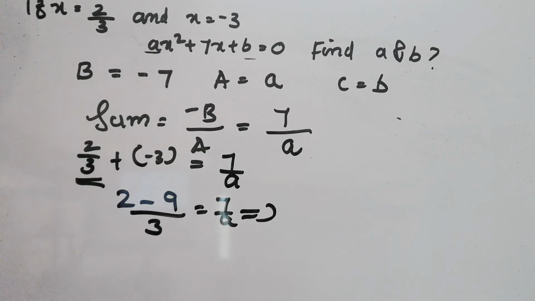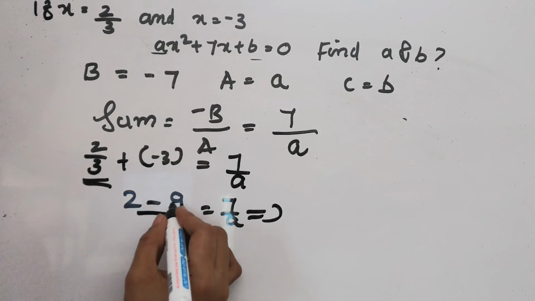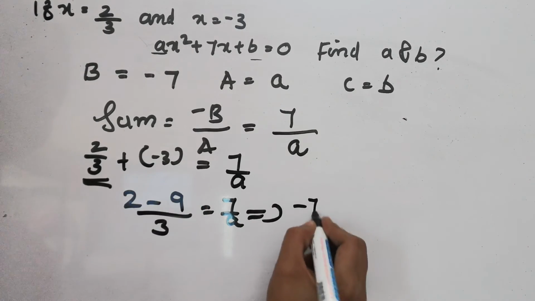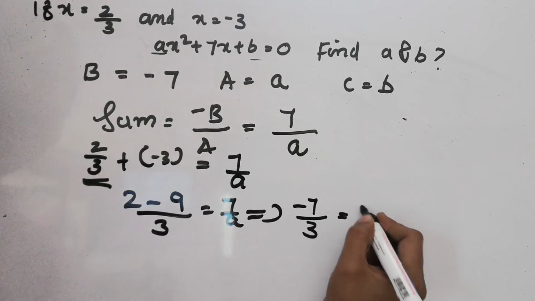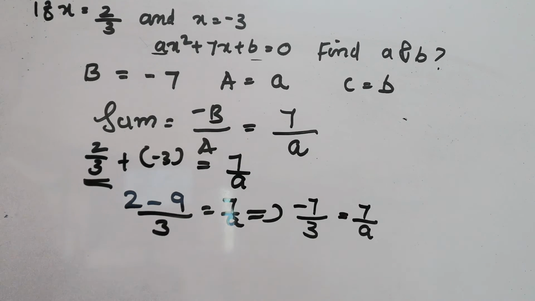So you have to find the value of a. Clear? Then 2 minus 9, that is equal to negative 7 by 3 is equal to 7 by a. Okay. So then we compare these two terms. Negative 7 by a is equal to negative 7.